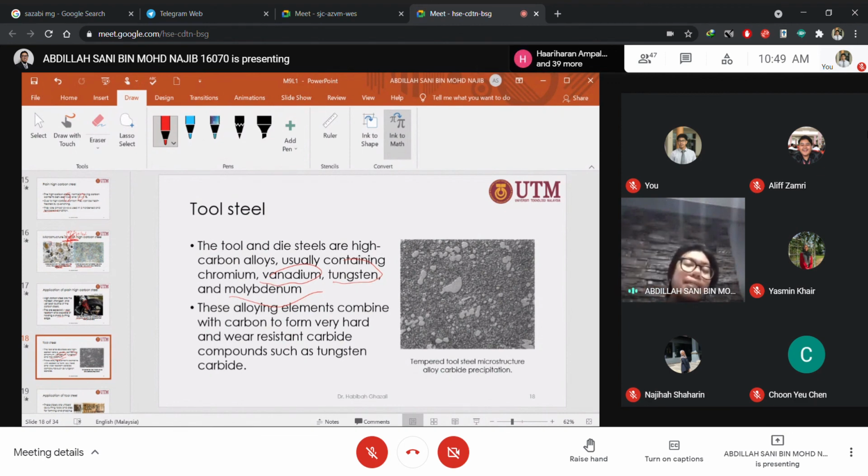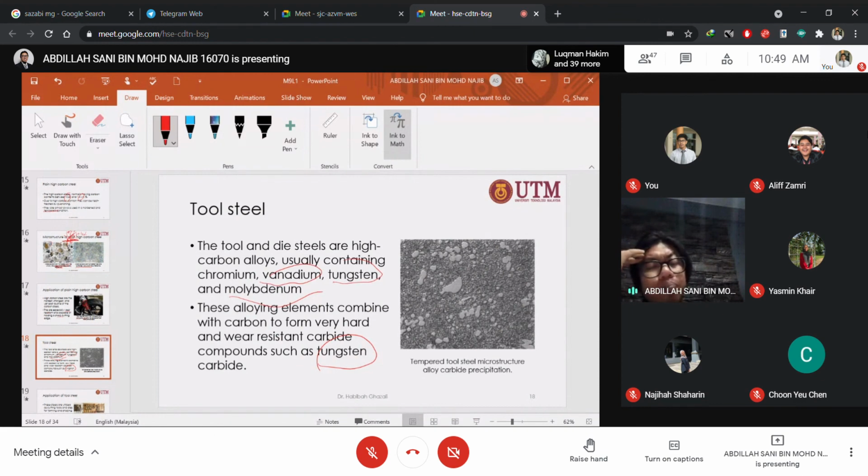Especially for tungsten, because this is steel you automatically have carbon inside, and furthermore a very high amount of carbon because this is high carbon steel.